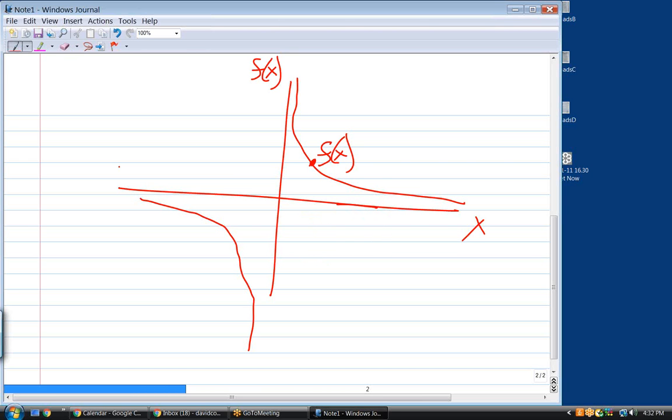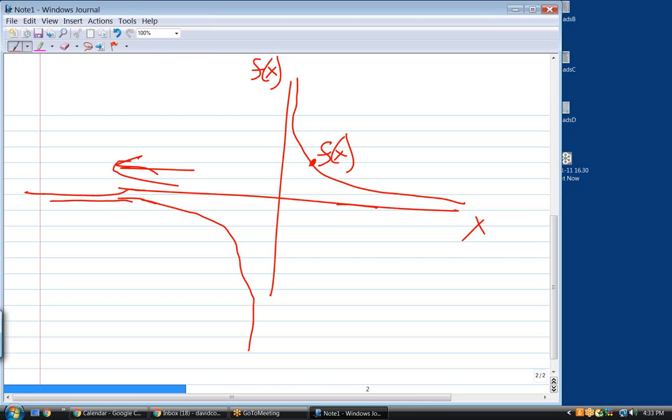The other end behavior is what happens when x goes to negative infinity. In other words, what happens when we go in that direction to the max? What happens to f of x as we go to negative infinity? Goes to 0?